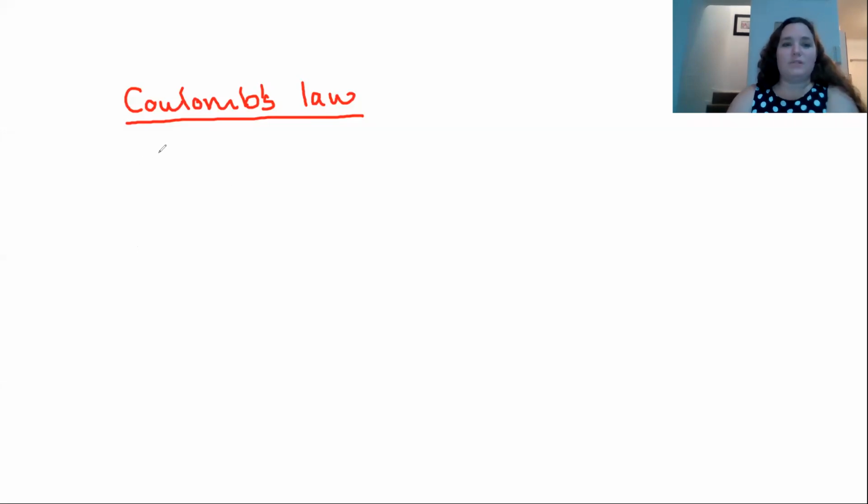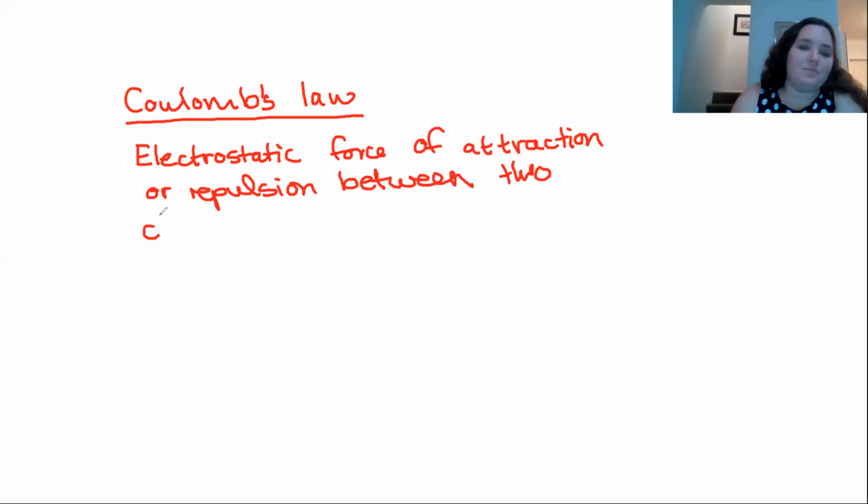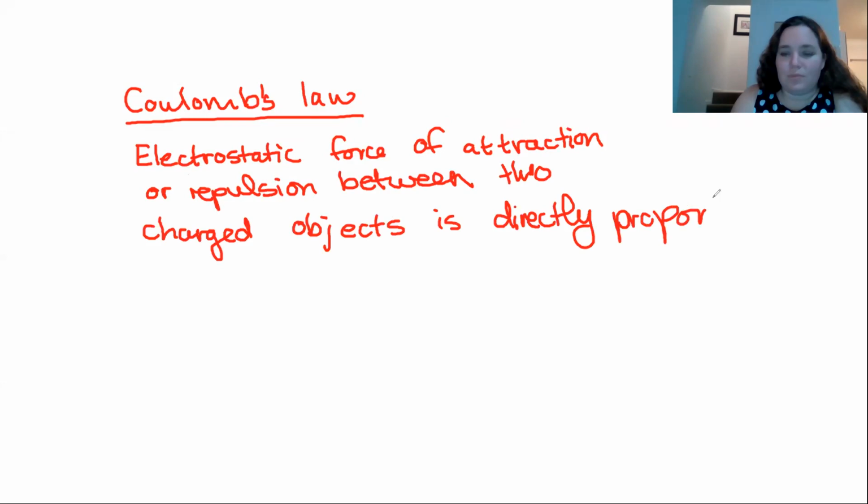So Coulomb's law says that, I'm not going to do this word perfectly, I'm going to do it concept perfectly, that the electrostatic force of attraction or repulsion, I haven't yet hit a single mark, between 2 charged objects is directly proportional to the product.